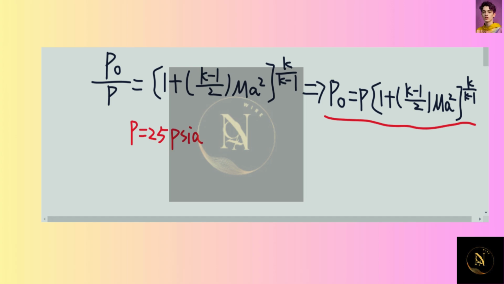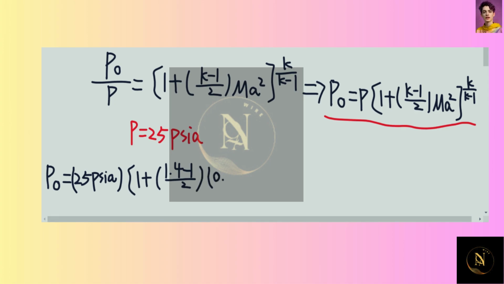So now let's plug back into the equation: 25 psia multiplied by (1 plus (1.4 minus 1) divided by 2, times 0.7 squared) to the power of 1.4 over 1.4 minus 1.